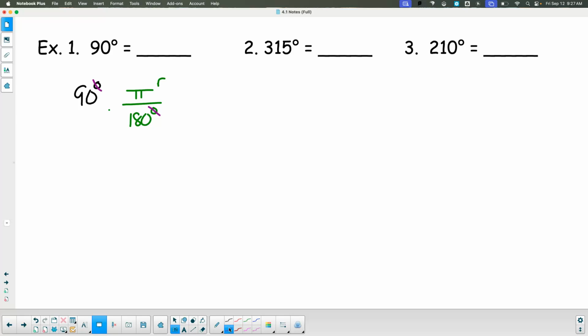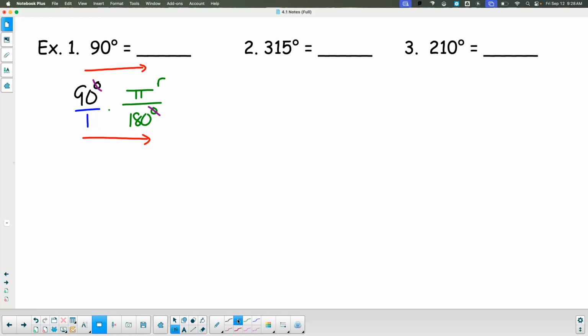Okay? So again, I was just talking about this in the resource center. Now you can either multiply across first, because remember this is technically over 1, and then reduce, or you could reduce and then multiply across.